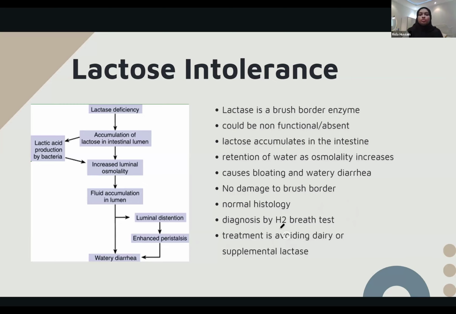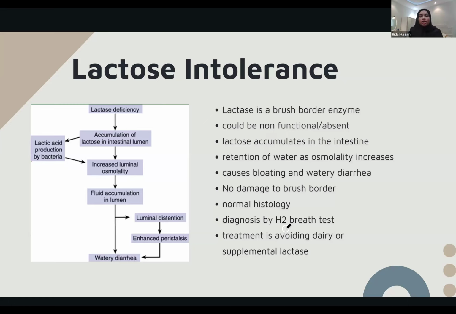So why H2 specifically? Now, you guys know that there is normal microbiota living in your gut. So there is bacteria, which is normal, and it lives in your gut, and it is helpful more than harmful, but it can become harmful if it feeds on your food, obviously.